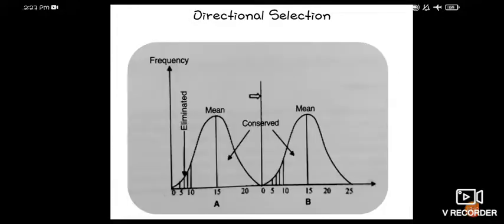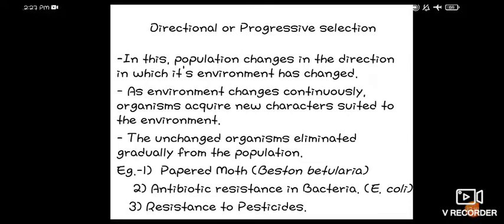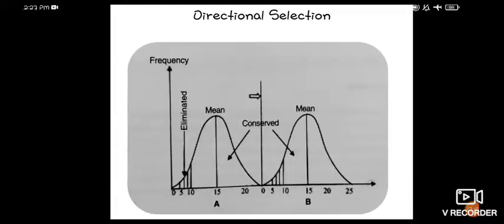Now the third example is the resistance to pesticide. In agriculture, the insecticides are used to control the pest, but they do not induce 100% death of the large pest species.